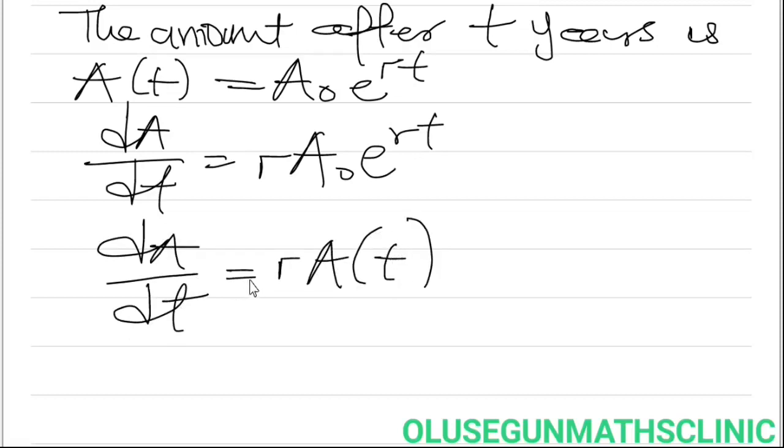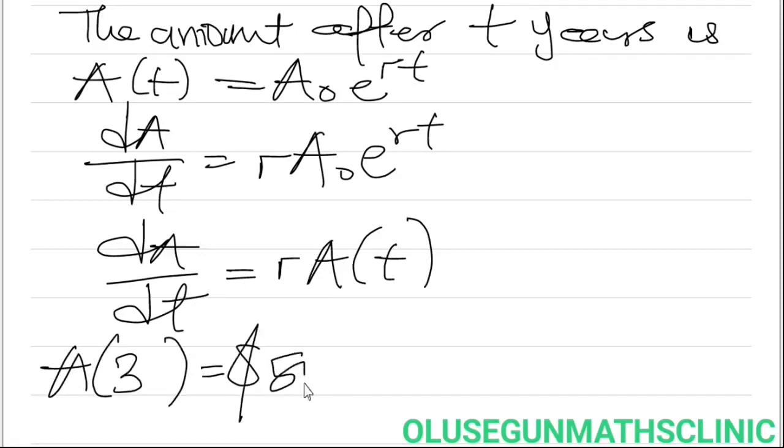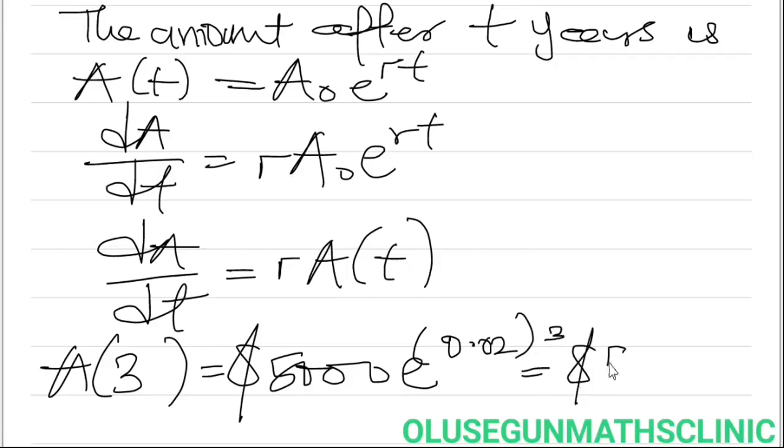So after 3 years, A of 3 will be $5,000 exponential, because A naught is constant, with the rate 0.02 multiplied by 3, to give us 5,309.8.